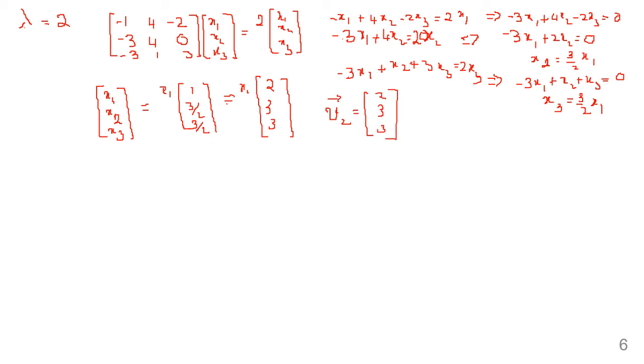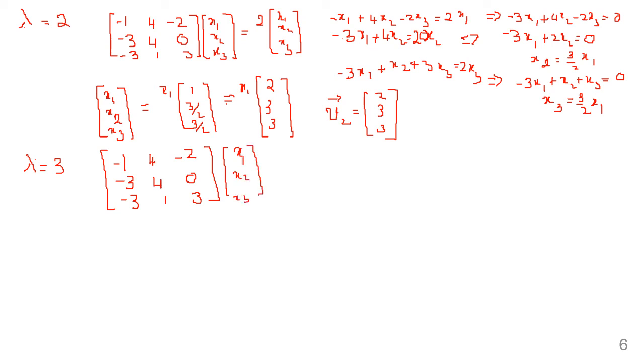Let me take the third eigenvalue. Third eigenvalue is lambda is equal to 3. So you get minus 1, 4, minus 2, minus 3, 4, 0, minus 3, 1, 3 multiplied by x1, x2, x3 is equal to, here the value is lambda equal to 3, x1, x2, x3.